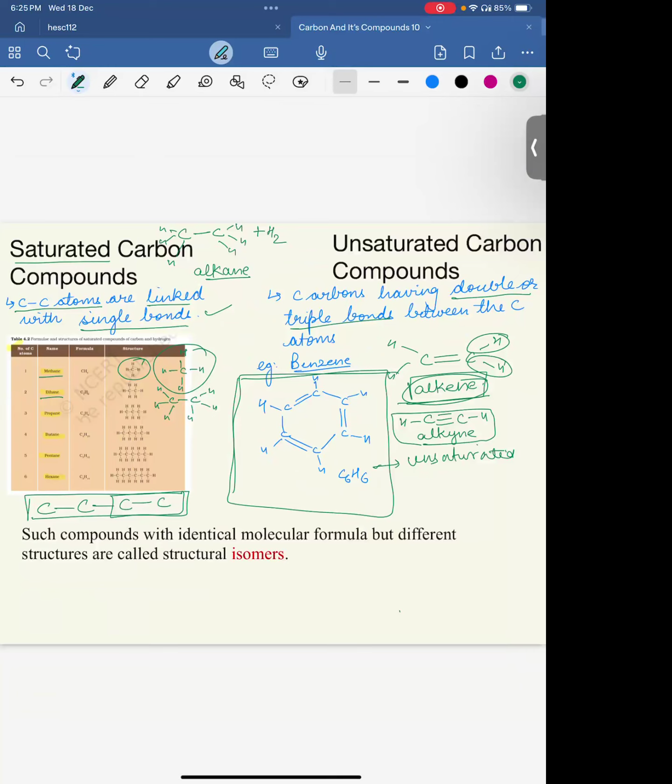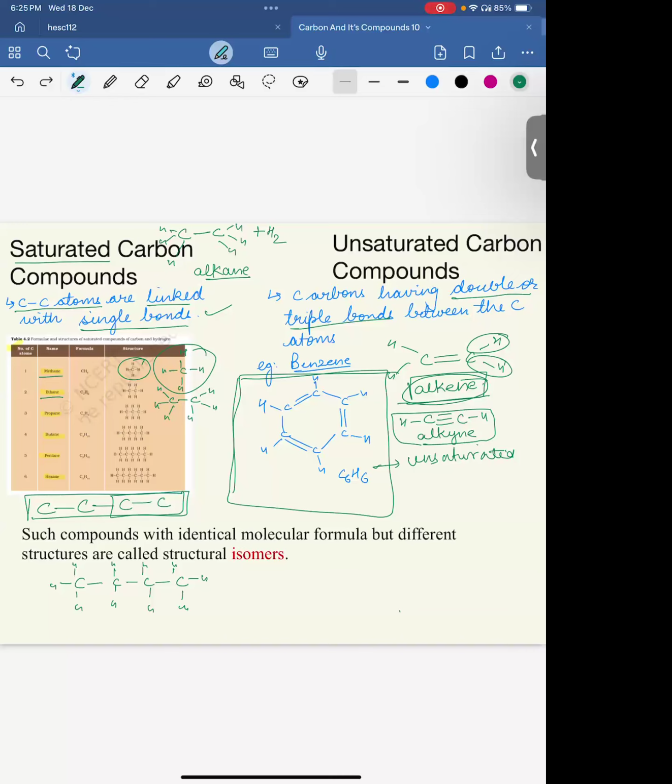Now, if I take the example of butane, the number of carbons in butane, anyone can answer. Four. So we'll link them like this, 4 carbons, and then we'll put hydrogen. Is this the only way we can arrange these carbons?